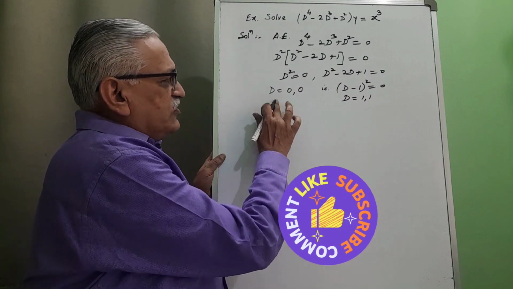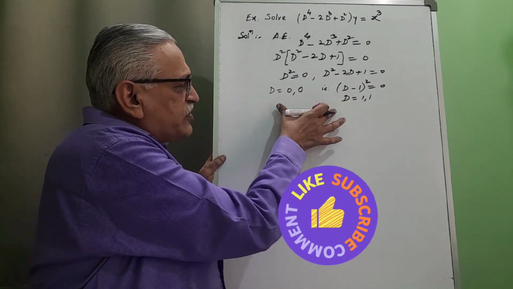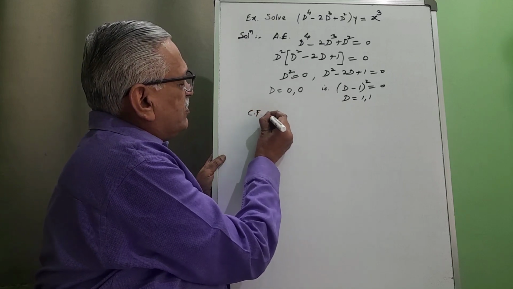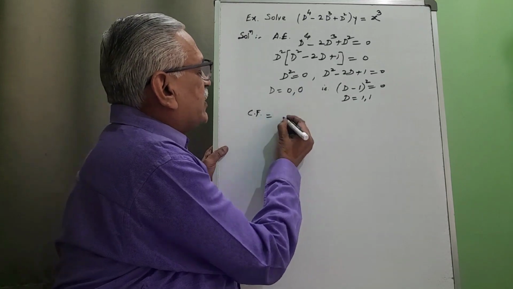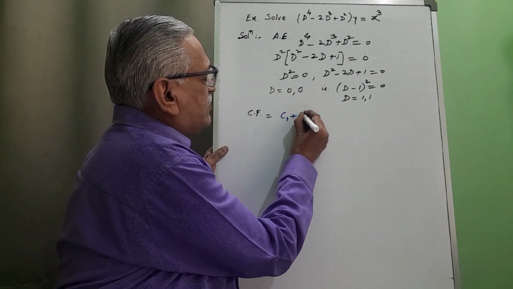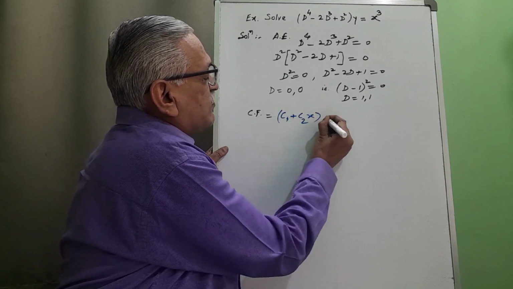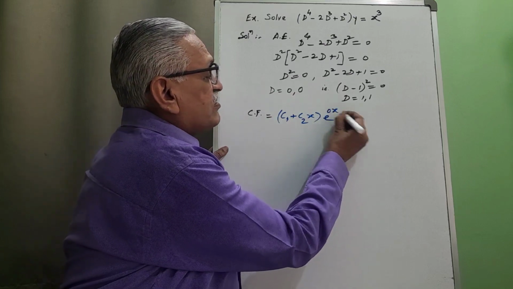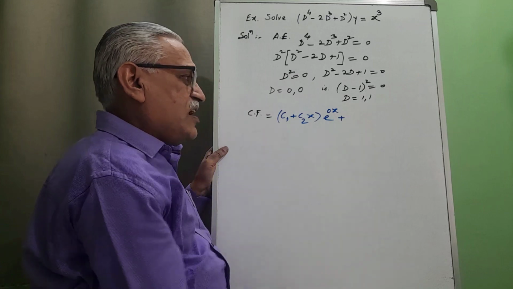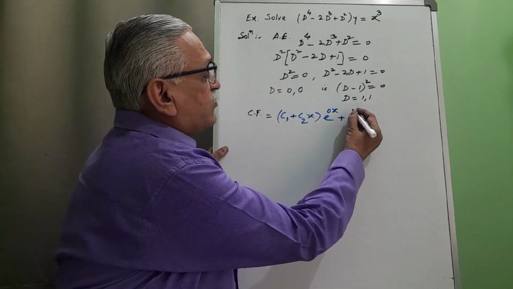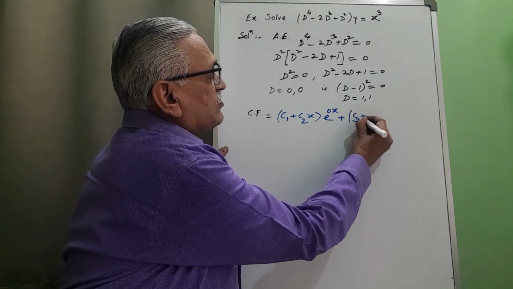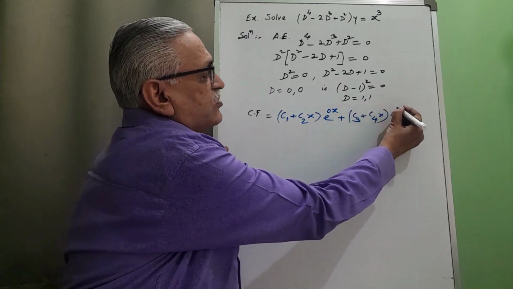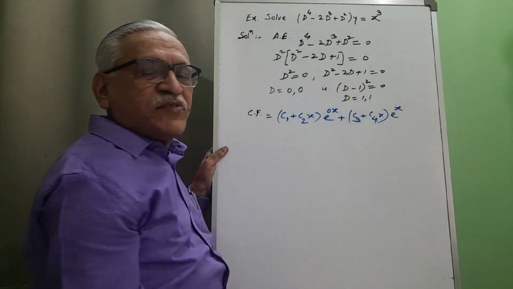Using these 2 sets of roots, we can write the complementary function. For the real and repeated root 0, a way to write it is (c1 + c2 x) e^(0x), and plus, for the other repeated root, the next constants (c3 + c4 x) into e^(1x), that is e^x.